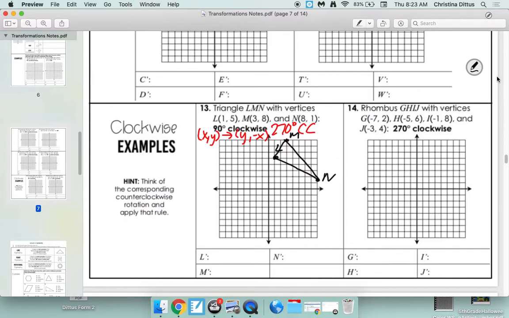All right, so if I'm going to go 90 clockwise or 270 counterclockwise, where am I going to be? Left, opposite, or below?